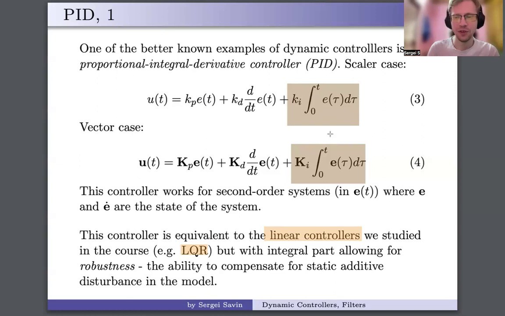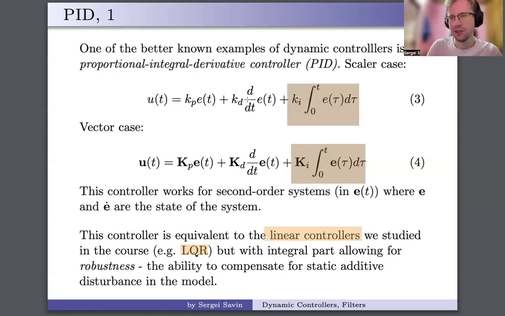In this course, we're not going to study how to do it, but it's not something very complicated. Essentially, if you trust in this whole thing with compensation, you can just use Ki as a small number. Eventually, it will compensate for the error.